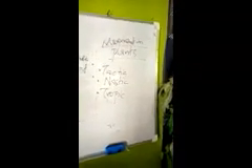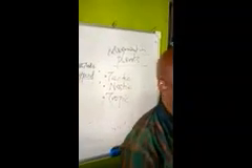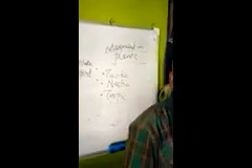Examples we have are phototaxis and chemotaxis. Phototaxis is when a plant moves towards light or moves away from light.